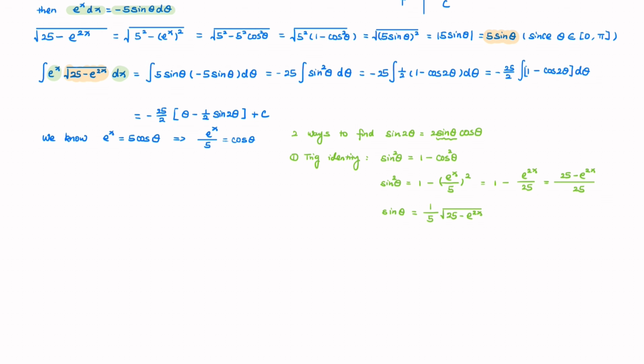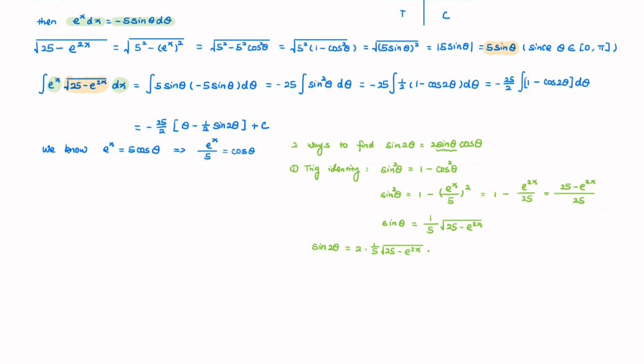Using this, we can figure out sine 2 theta: that's 2 times 1 over 5 square root of 25 minus e to the 2x, times cosine theta, which is 1 over 5 e to the x. So this whole thing is 2 over 25 e to the x times the square root of 25 minus e to the 2x. And you can replace it back.